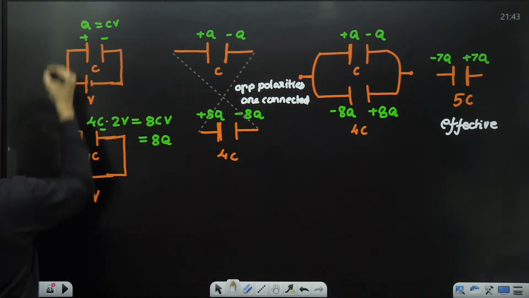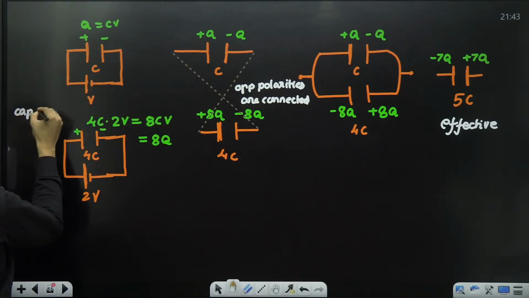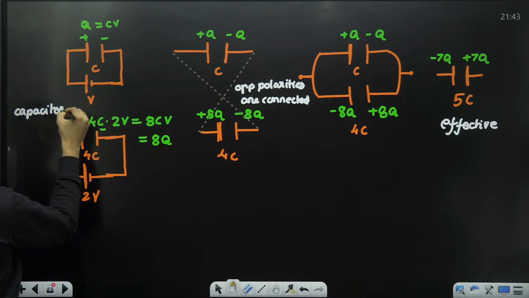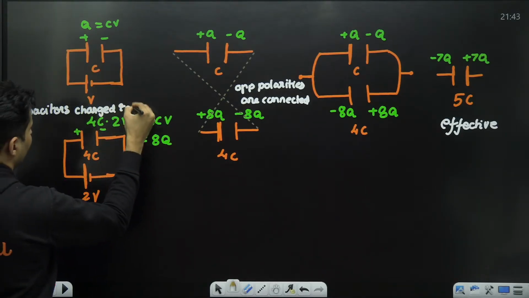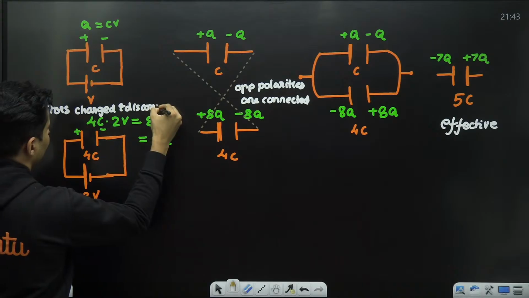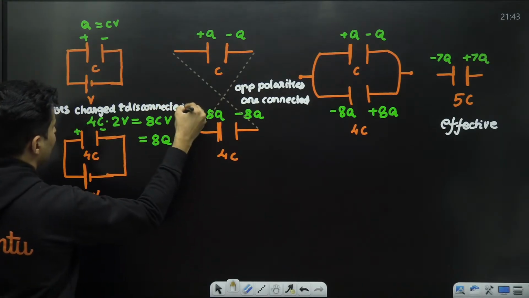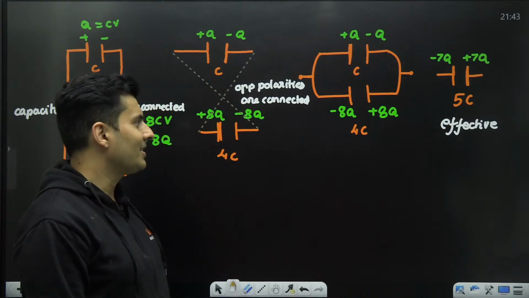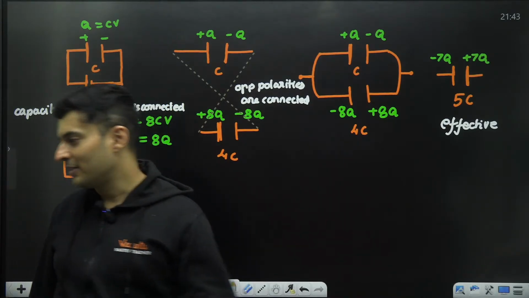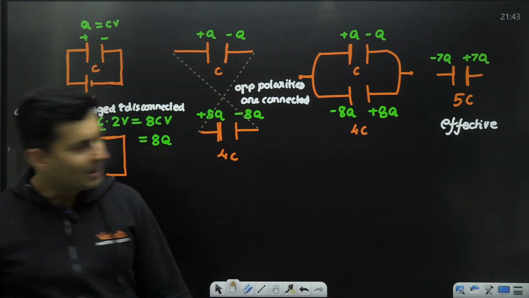Here capacitors were charged and then disconnected, and then the opposite polarities were connected. The effective capacitance is 5C, effective charge is 7Q. As simple as that. Yep, perfect.